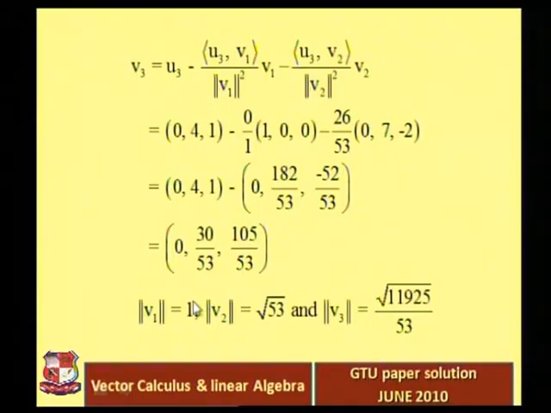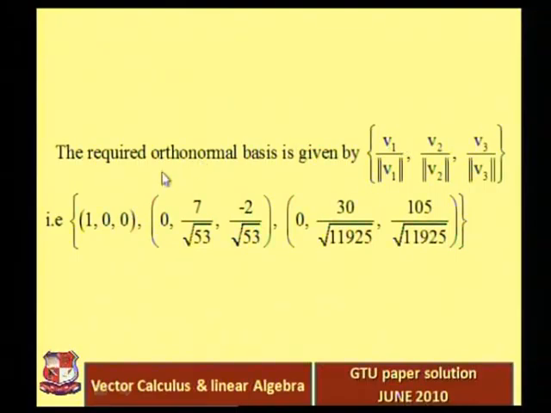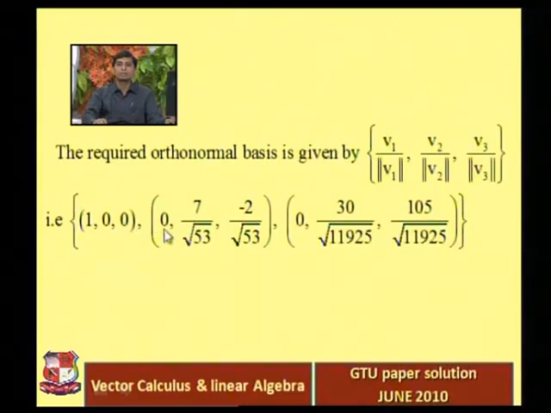So the required orthonormal basis is given by V1 upon norm V1, V2 upon norm V2, V3 upon norm V3. V1 is (1, 0, 0) and norm V1 is 1, so it stays the same. V2 is (0, 7, -2) and norm V2 is under root 53, so V2 upon norm V2 becomes (0, 7 by under root 53, -2 by under root 53).